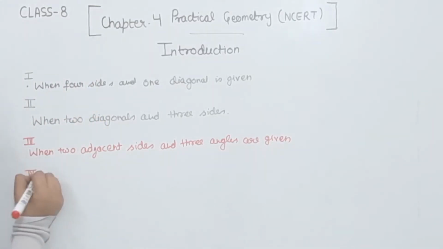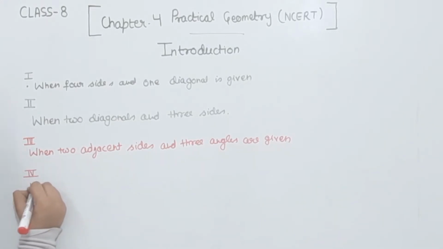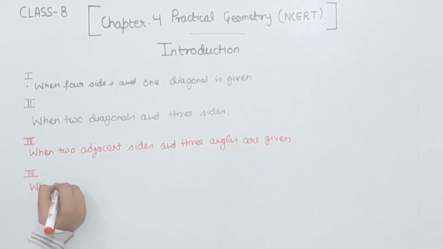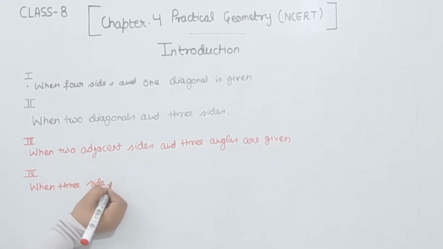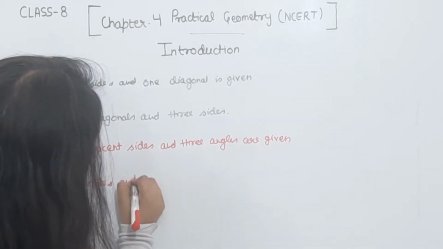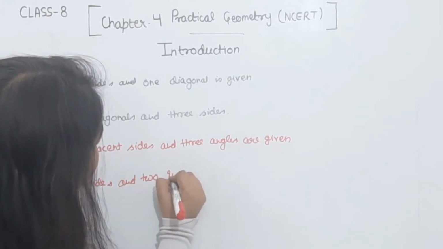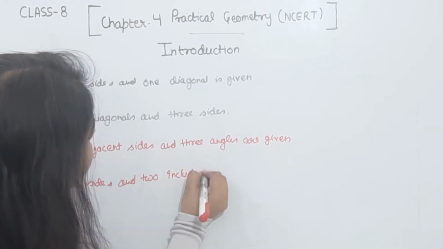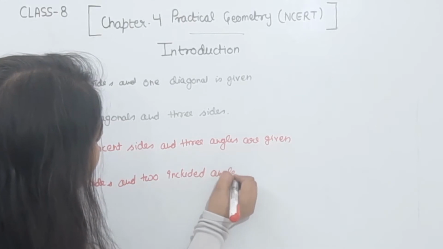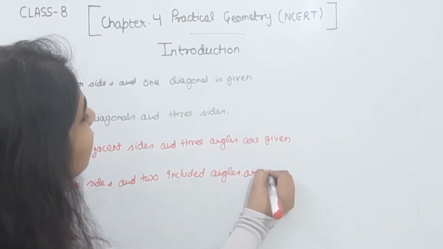Now comes the fourth one. In the fourth case, we'll have three sides and two included angles. So I'm going to write here, when three sides and two included angles are given.